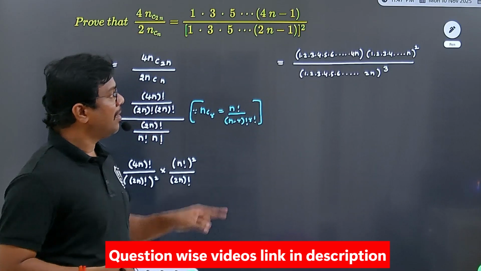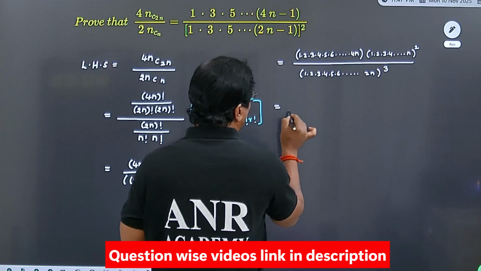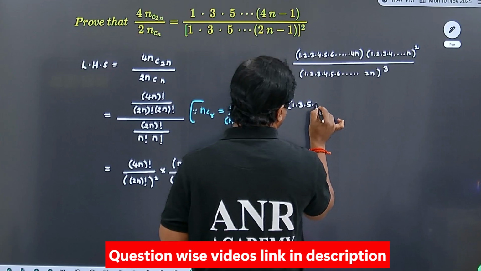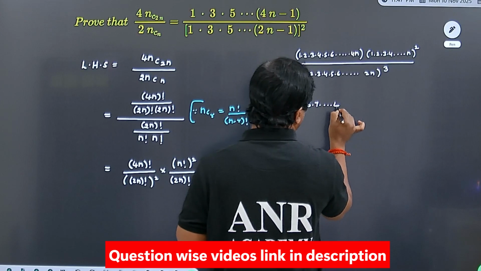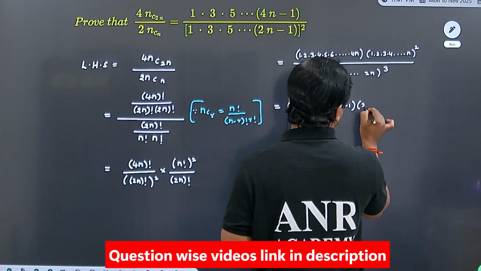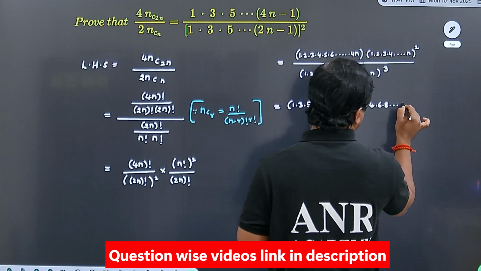Next, here from the first bracket only odd terms I am going to write: 1, 3, 5, 7 and so on 4n minus 1. Remaining even numbers 2, 4, 6, 8 and so on 4n.